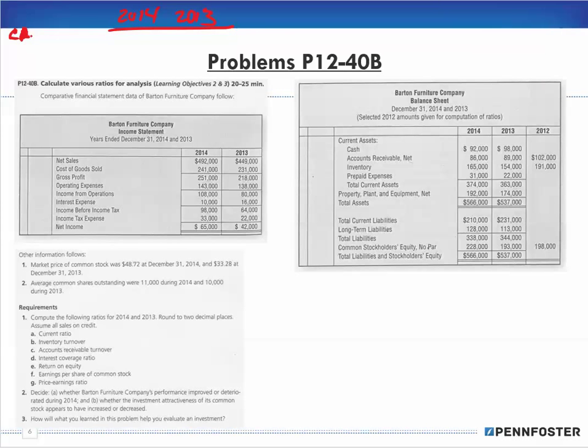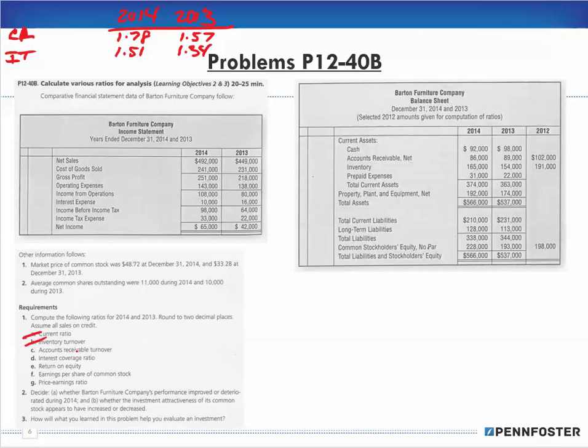So my current ratio was 1.78 and 1.57. My inventory turnover ratio was 1.51 and 1.34. Okay, so that took care of that and that.